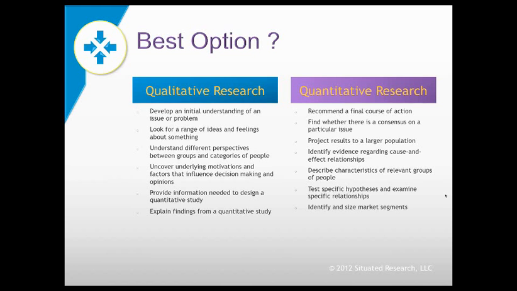You want to project results to a large population, or identify evidence regarding cause and effect relationships. You'd want to use quantitative research to also describe characteristics of relevant groups of people, test specific hypotheses, and examine specific relationships, or to identify and size market segments.